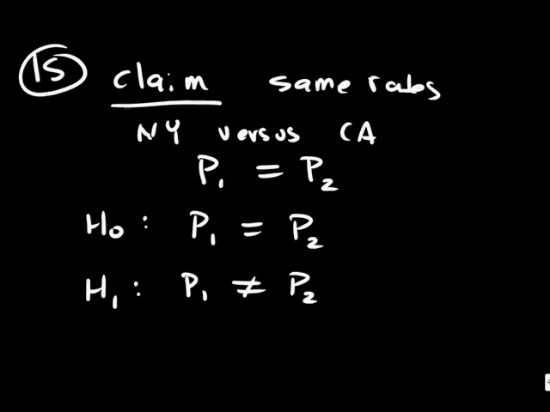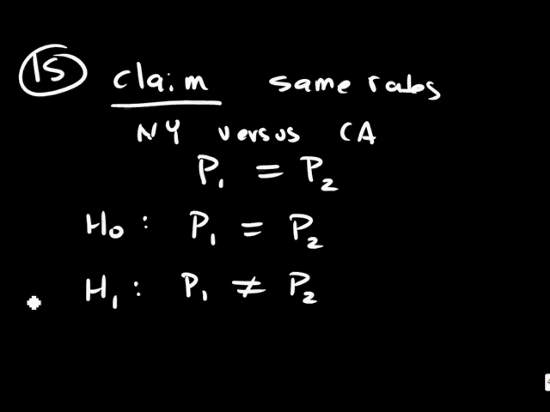Now, since our alternate hypothesis, when we look at this, is a not equal, this is a two-tailed test. So we're going to construct our decision rule here, a two-tailed decision rule.